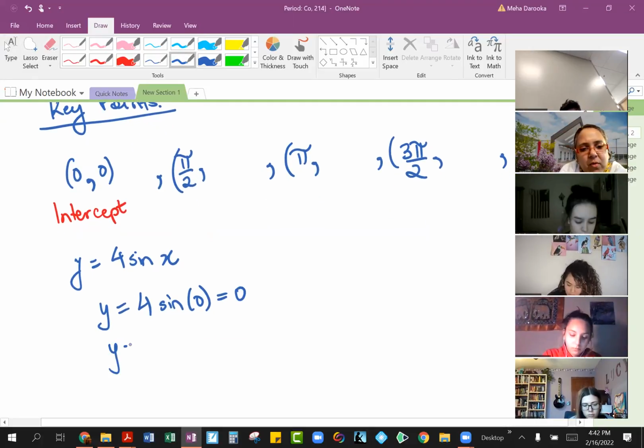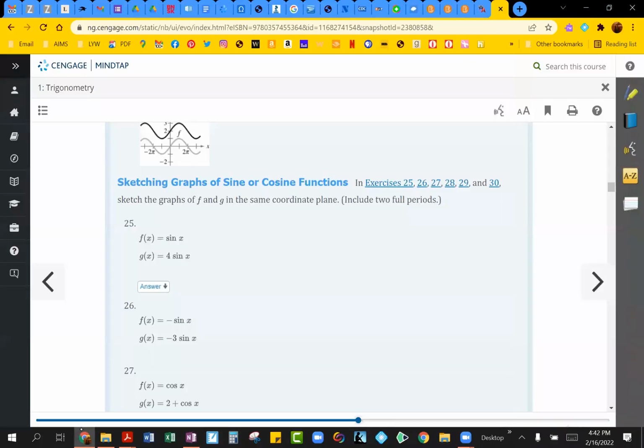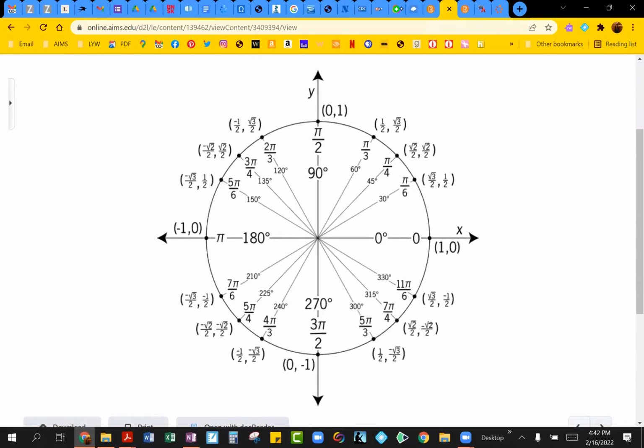Okay, now for 4 times sine of pi over 2. And what you guys can do is actually use your unit circle if that makes it easier. Or, of course, you guys have calculators. So you can see when the angle is 0, your sine is 0. Remember, the second coordinate is the sine function.